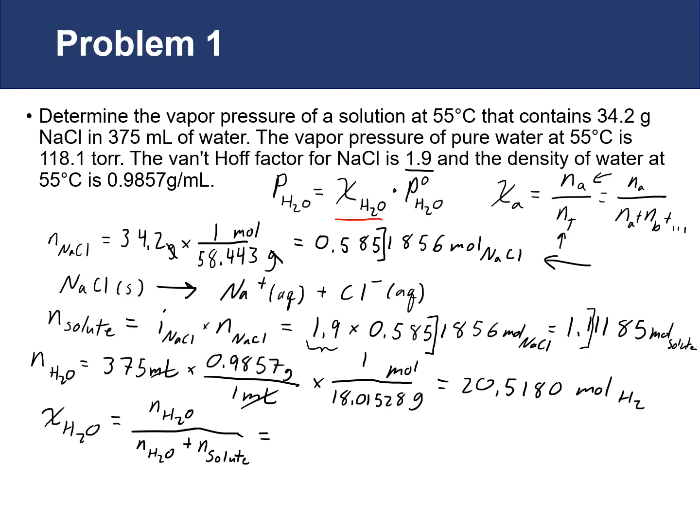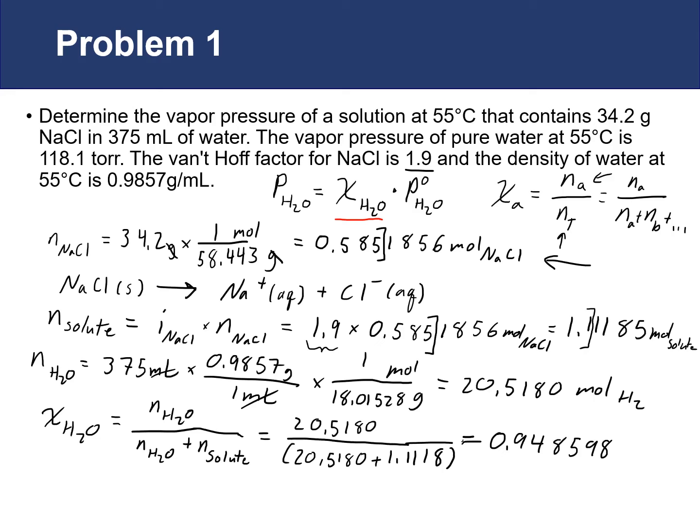This will be 20.5180 divided by the sum of 20.5180 plus 1.1118. This would be equal to 0.948598.